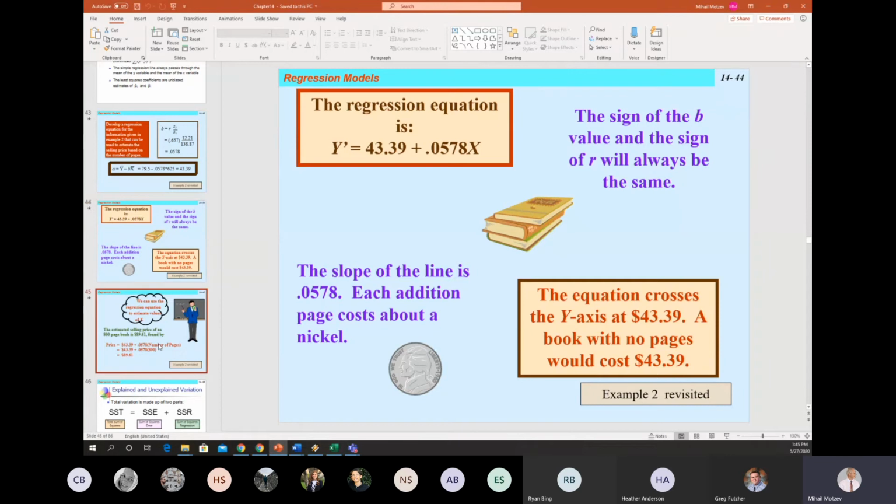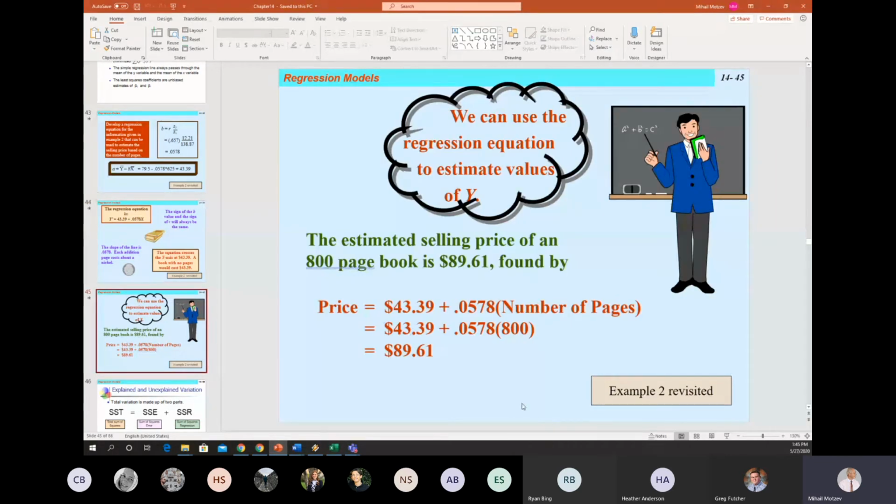And if we want to identify how much a book with 800 pages will cost, we simply substitute the x value in the regression equation with 800 pages and solve the equation. Then we say that the predicted price of a book with 800 pages on average is $89.61.